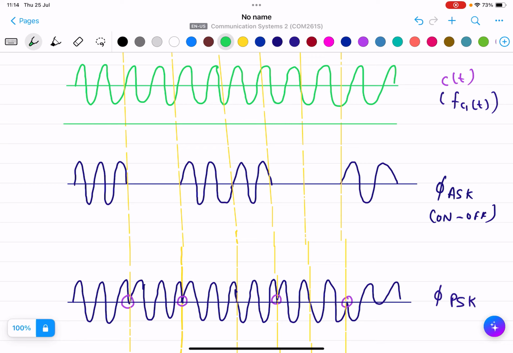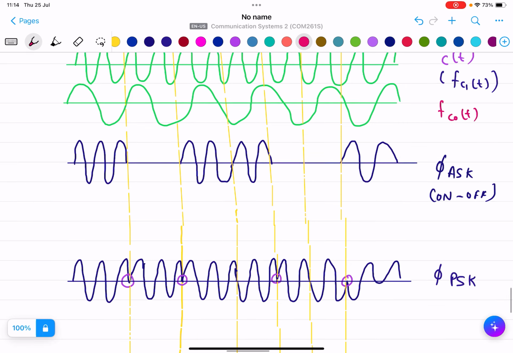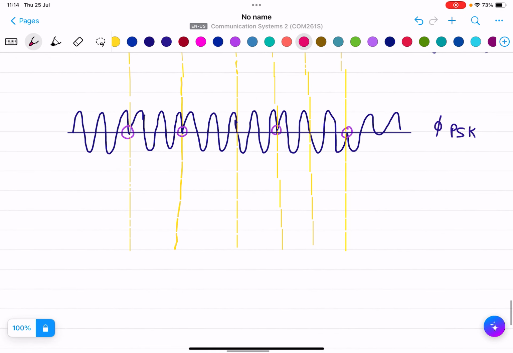Let us make another carrier for very low frequency like this, and let us say it is fc0(t). So now there are two carriers and we need to make a final waveform for FSK.